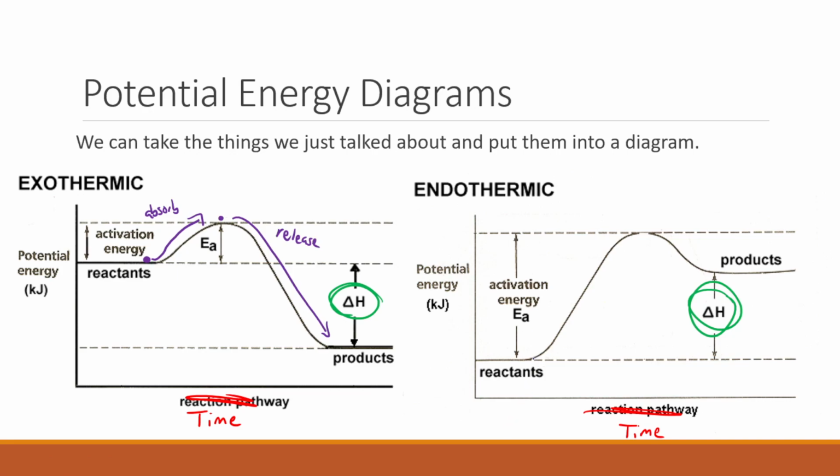In an endothermic reaction, the activation energy is from the reactants to the top of the bump. This is how much energy we need to absorb in order to start this reaction. And look at how much energy gets released.